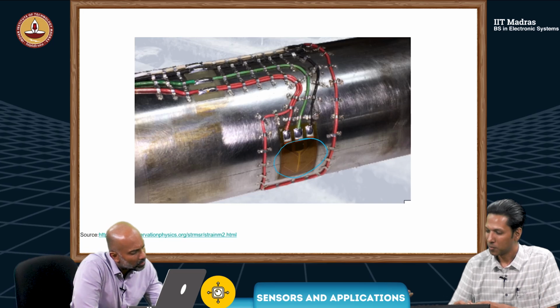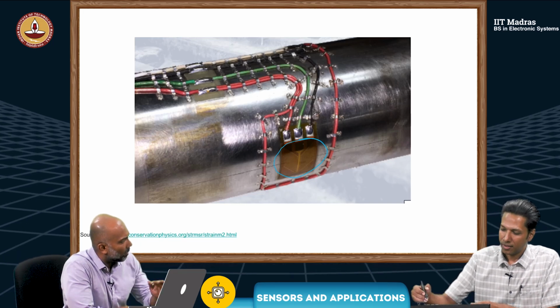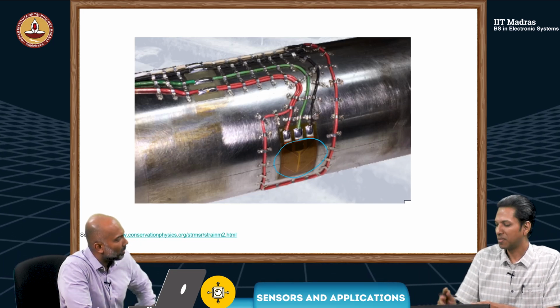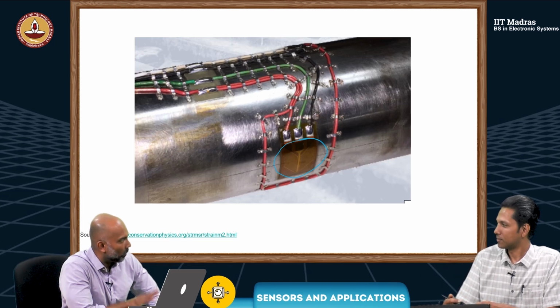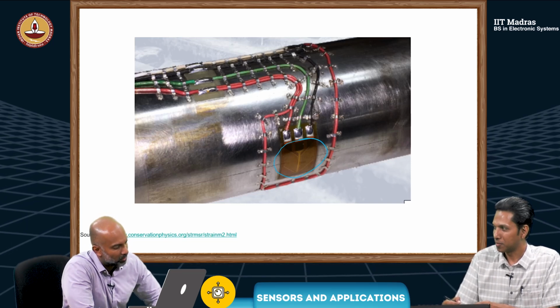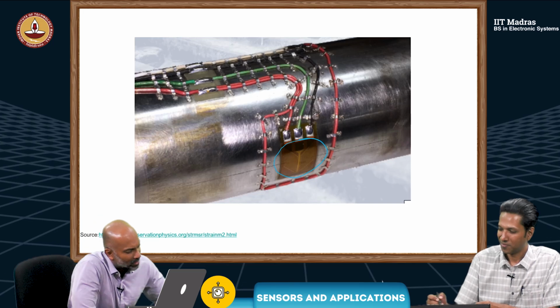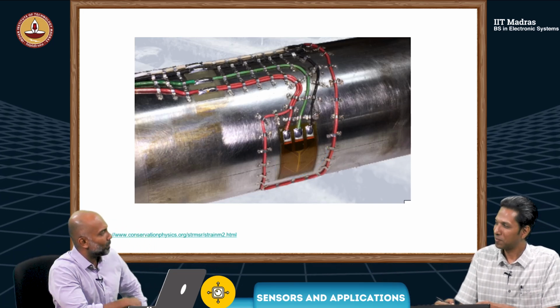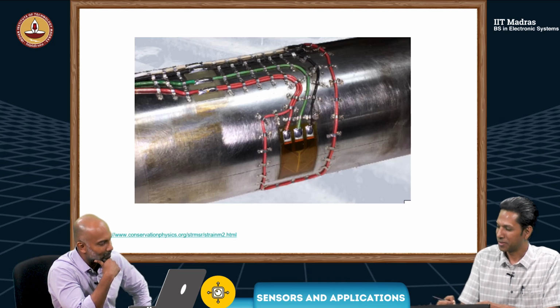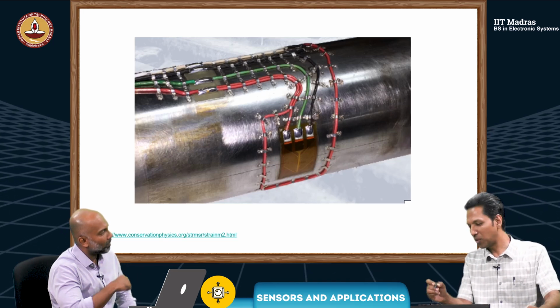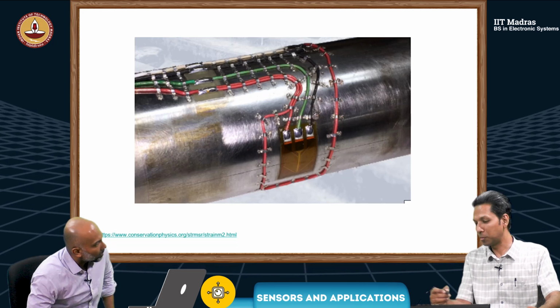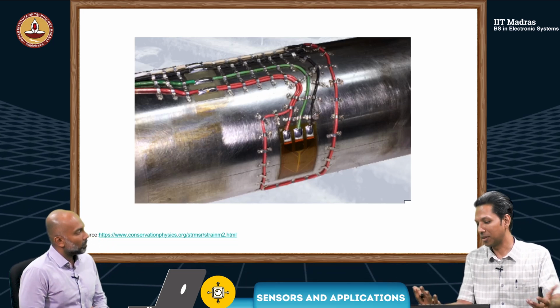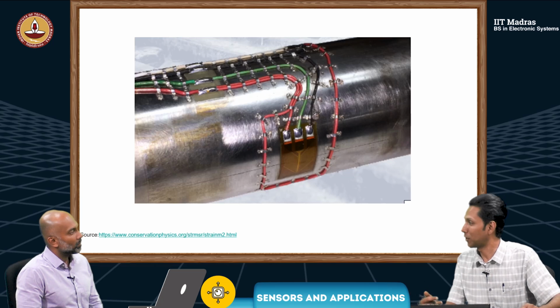This is pasted like a skin on the structure. I'm not sure what this is. Then we will try to understand more. Essentially, I wanted to see what it is, how it behaves, how this can be made use of, etc. But at the moment, I don't know what it is.